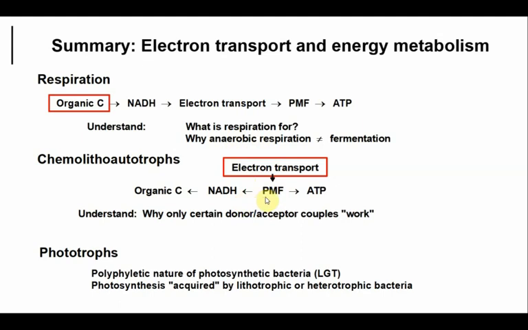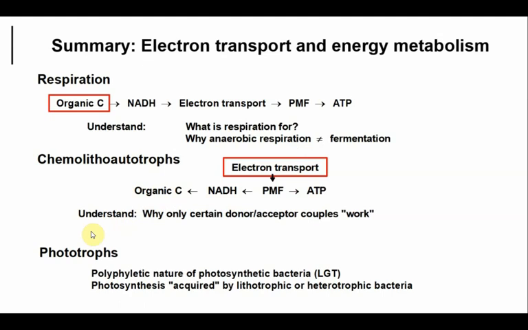And then the proton motive force can be used to generate ATP and NADH. So that's how nitrogen oxidizers can generate metabolic energy. And then the NADH is used to reduce carbon dioxide into organic carbon to fix CO2. So instead of having organic carbon as the source of the energy in the beginning of all the metabolism, it's an inorganic reaction. It's the start of the metabolism, and the end product is organic carbon.